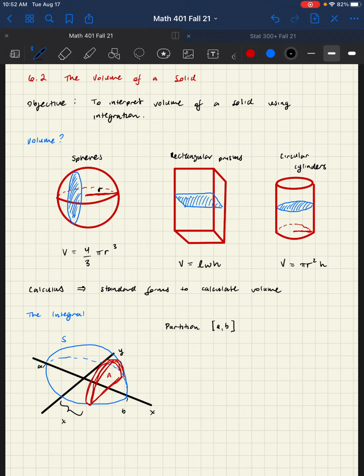So we're going to partition A and B using n subdivisions.